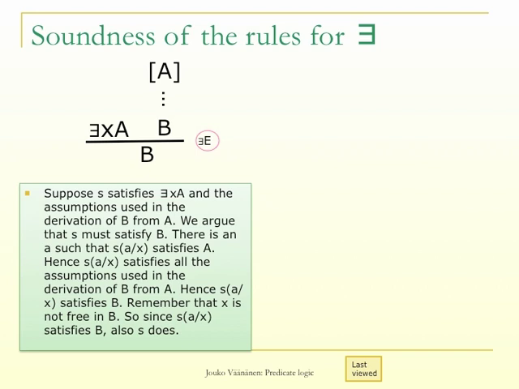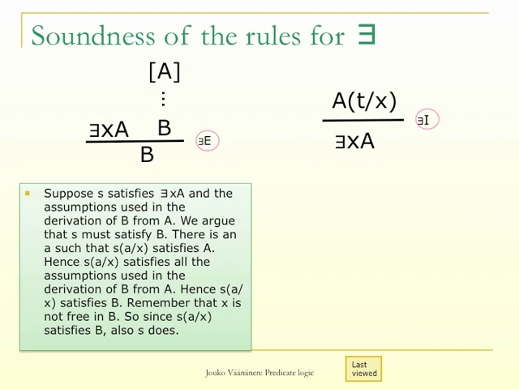Again, here we use the very useful fact that satisfaction depends only on the variables which occur free in the formula in question. Then the existential quantifier introduction rule. This is easier. The term t has to be free for x in A. Suppose S is an assignment that satisfies in M the assumptions B1 to Bn.